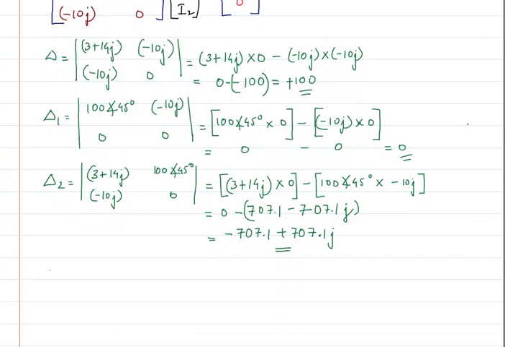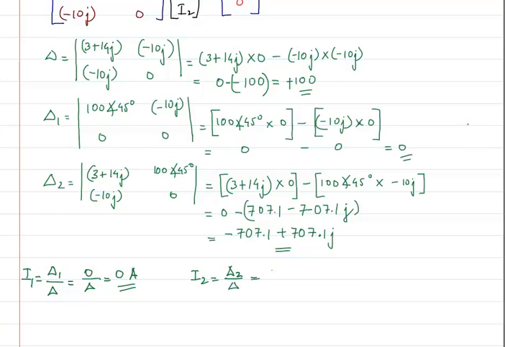So now we are going to find out I1, which is delta 1 divided by delta, which is 0 divided by delta, which comes out to be 0 amperes. So it is always 0 because the numerator is 0. Next, for I2 we will find out delta 2 divided by delta.